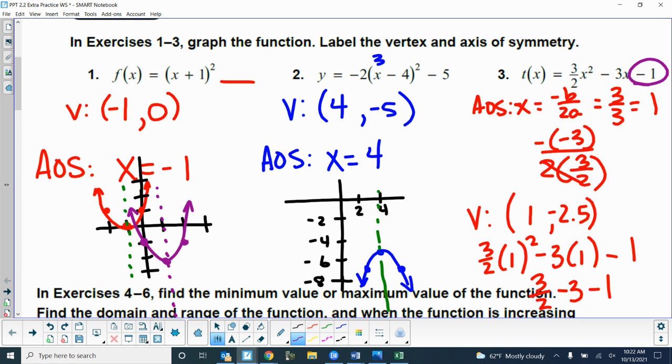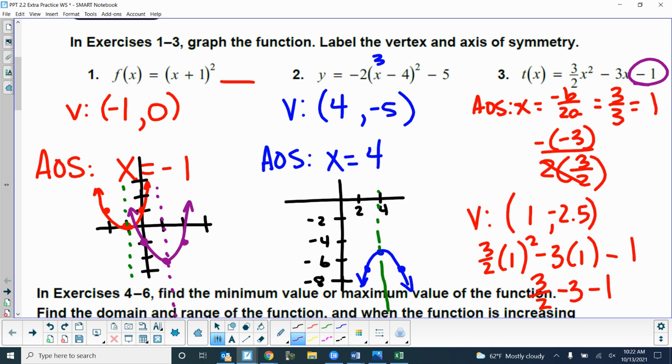For 4, 5, and 6, we have to figure out if it's a min or a max, find that value, then the domain and range, and when it's increasing and decreasing. Just going over increasing and decreasing: on the red one, decreasing is to the left of the axis of symmetry, increasing is to the right.